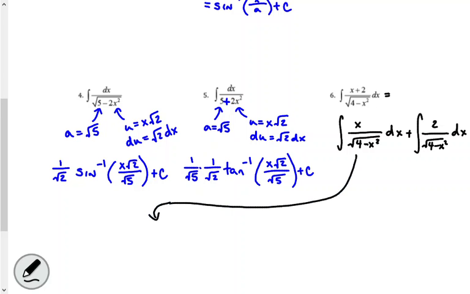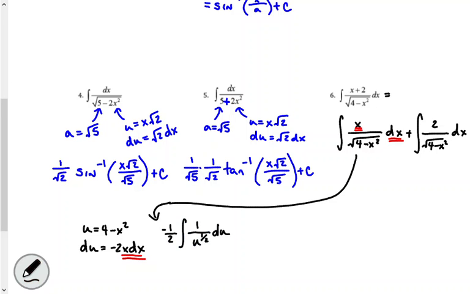The first one, I can solve by u sub by letting u equal 4 minus x squared, because see how I have this x dx right here, and that cancels out with this x dx right here. So I've just got the -2 left, so I'll bring out a -1/2. And then it's the integral of 1 over u to the 1/2 du.